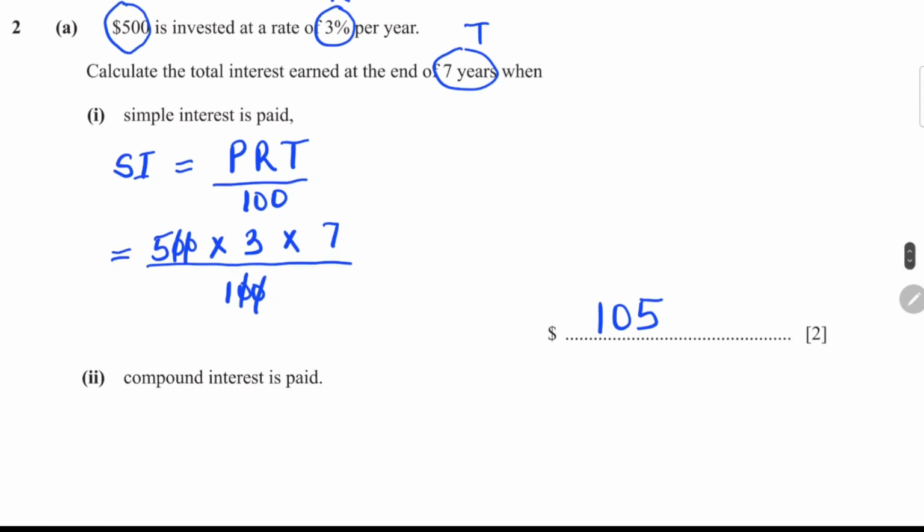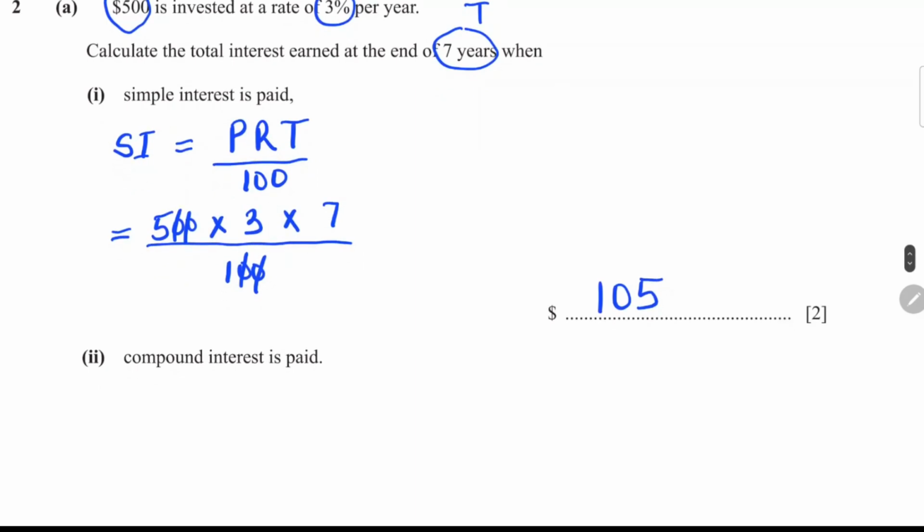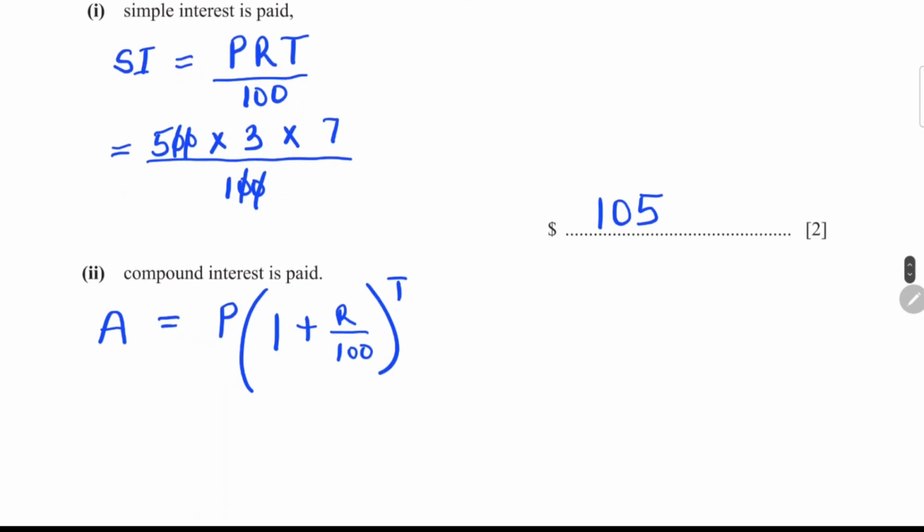Now, for the same question, we have been asked to calculate the compound interest. Remember, the formula for compound interest, like we stated earlier, gives us the amount. Our amount will be given by principal, open the bracket, 1 plus R over 100, everything raised to power T. All right, so let's substitute our values.